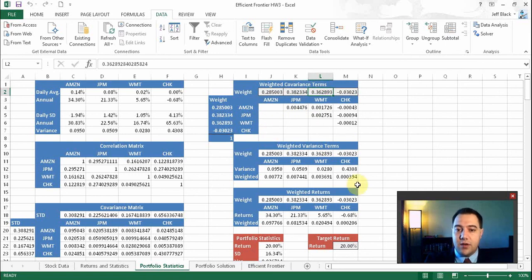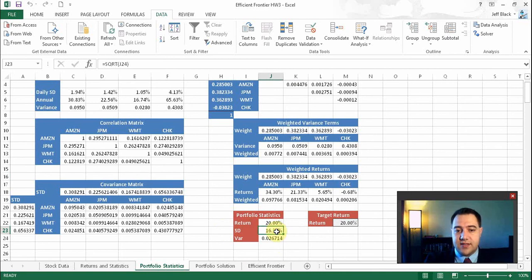Even though Chesapeake had a negative return with a very high standard deviation, it's still giving us a little bit of diversification benefit because it's not perfectly correlated with the other three, and that's why we're putting it in the portfolio.